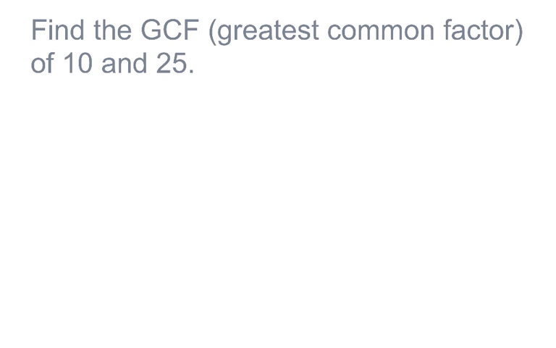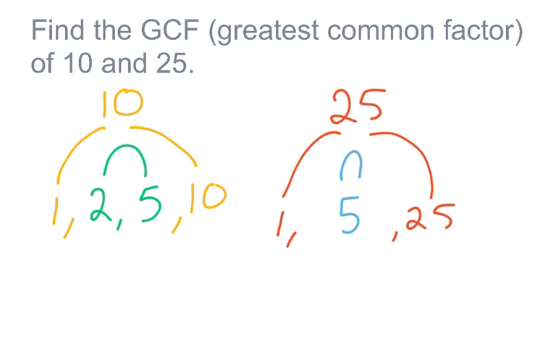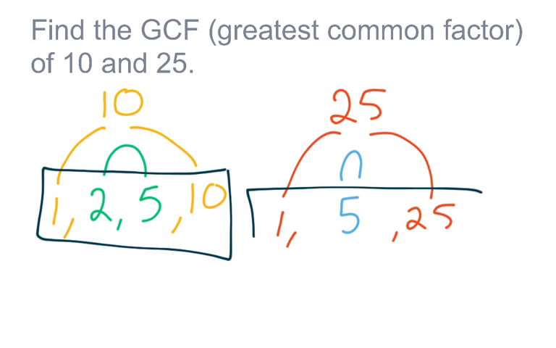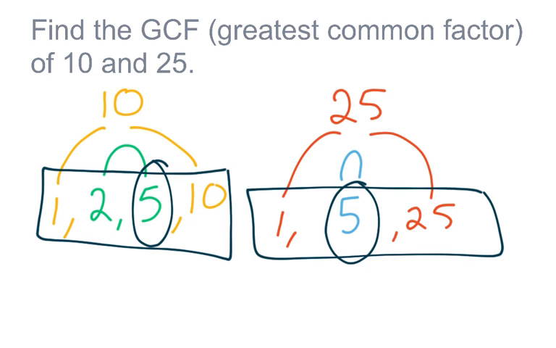Unlike multiples, where we had an infinite number, we have a finite, specific number of factors for each of these products. So I'm going to start by listing my factors of each product. Here are my factors of 10, here are my factors of 25. I look for any number they have in common. Oh, again, this one only has 1, it's 5.